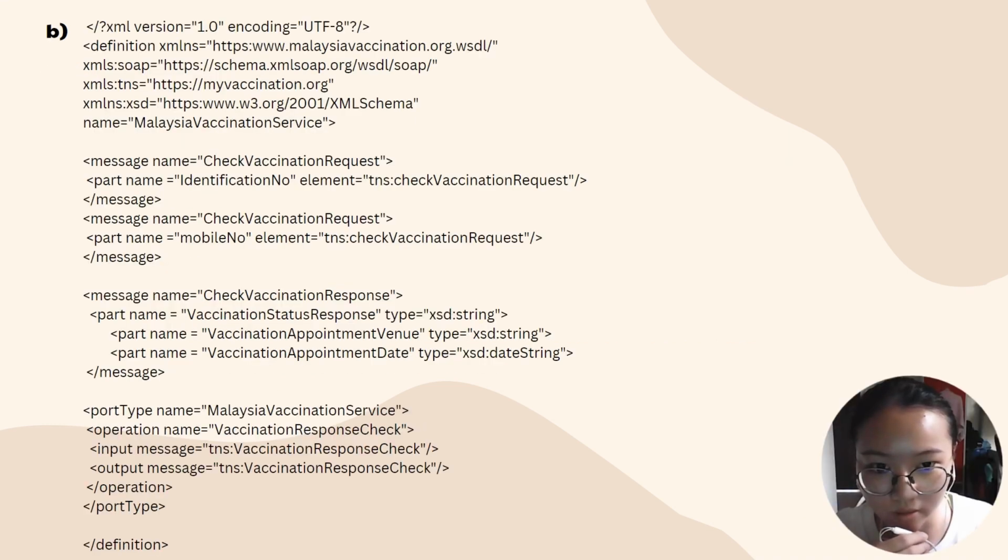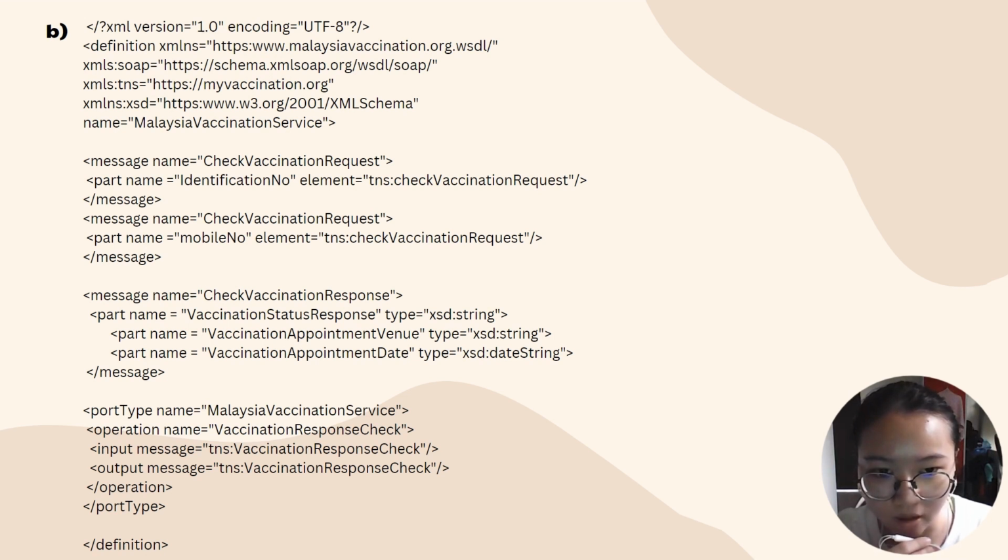So for now, I will explain question 2B. It starts from XML version 1.0 and encoding UTF-8, followed by definitions xmlns equal to https://www.malaysiavaccinations.org.wsdl, xmlns:soap equal to https://schema.xml soap.org/wsdl/soap, and also xmlns:tns https://myvaccinations.org.